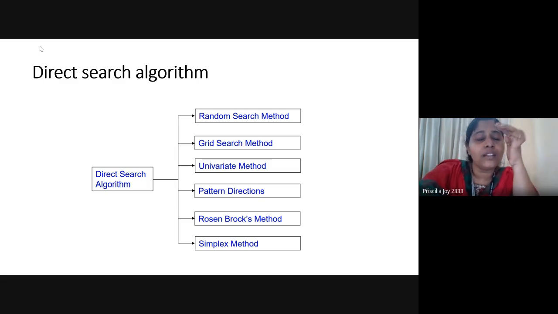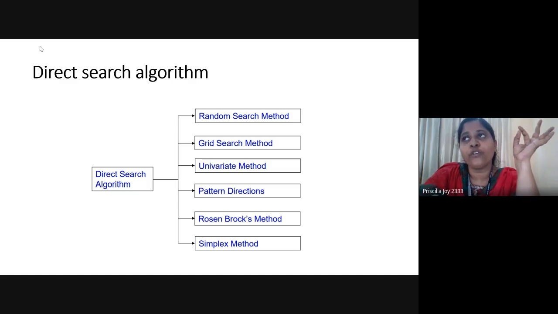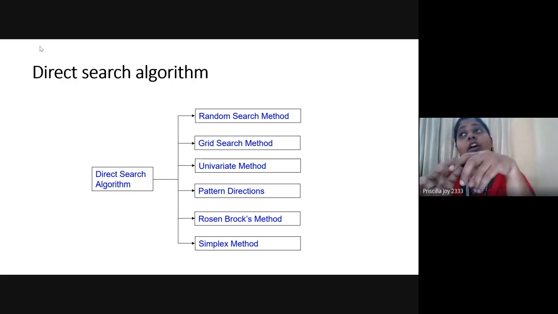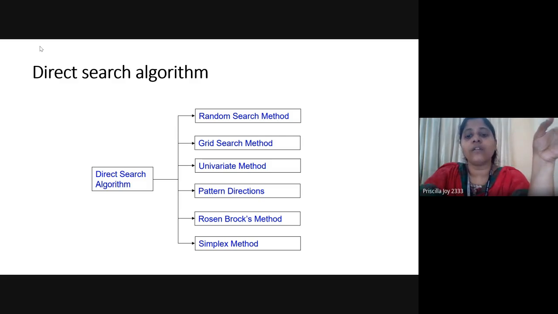The best solution is found for each decision variable, keeping all other variables constant. The whole process is generated iteratively, and we repeat it again and again until convergence is arrived.